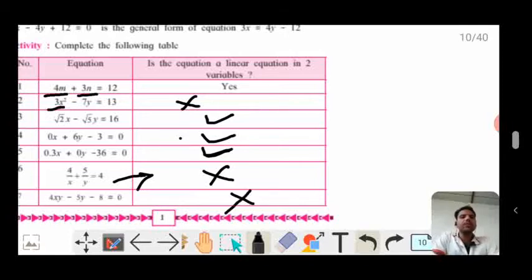So we have understood this concept of how to identify a linear equation in two variables.